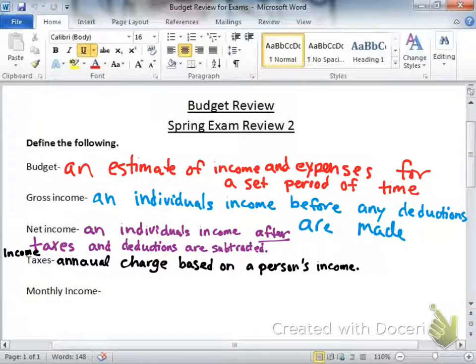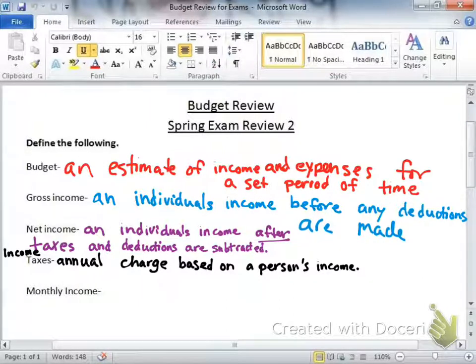So just for making money in the state of Illinois, annually, you will be charged for it, and that charge is based on your income. It's a percent of your income. Annual is spelled wrong. Got too many vowels in there. Let me fix that for you. Alright, so the annual charge that is based on your income is called income tax.